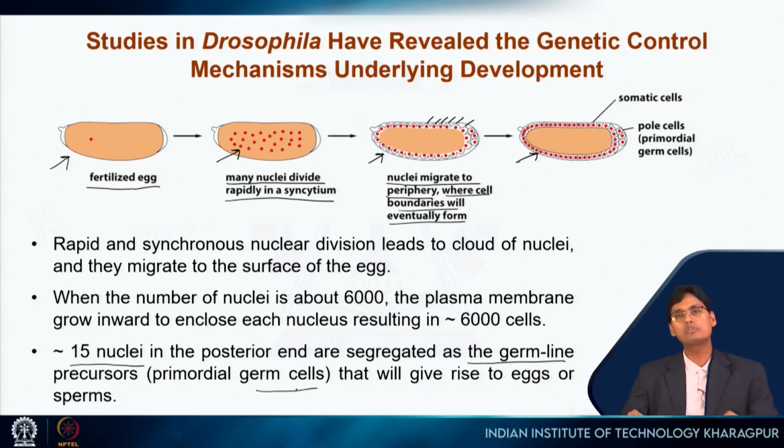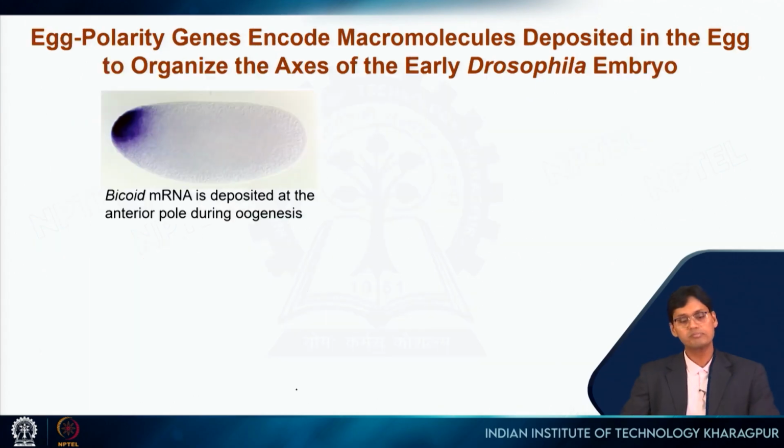But now we have to understand how the axis is formed, whatever I mentioned at the beginning, for example the anterior and posterior axis, how head and tail will be defined. So let's see. Some egg polarity genes encode macromolecules deposited in the egg that organize the axis of the early Drosophila embryo. I will explain this.